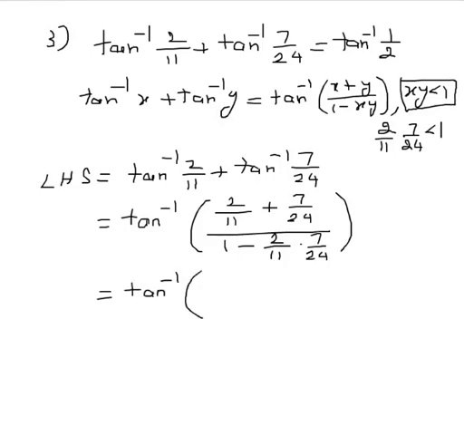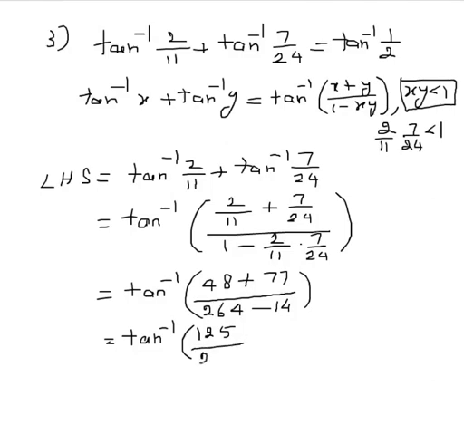LCM will be 11 into 24. 48 plus 77 by 264, 11 times 24 is 264, minus 14. The LCMs will get cancelled. We get tan inverse of 125 by 250, tan inverse of half. And this is the right hand side.